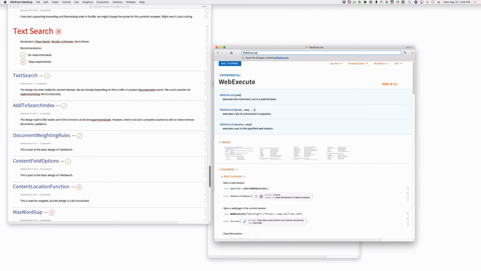Brian is saying he likes the idea of documenting why a function is experimental. I like that too, and I think it will be worth putting in there that it's experimental. What would we say, for example, for WebExecute? We could write a small essay explaining that we're not sure this mechanism will agree with our general virtual machine mechanism and so on.